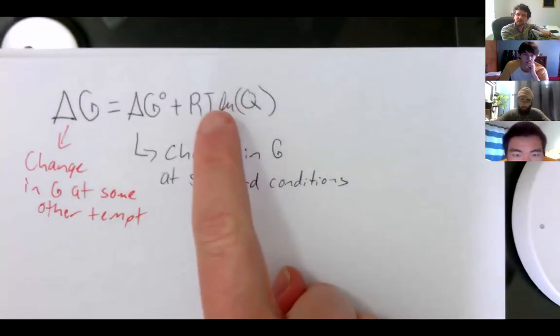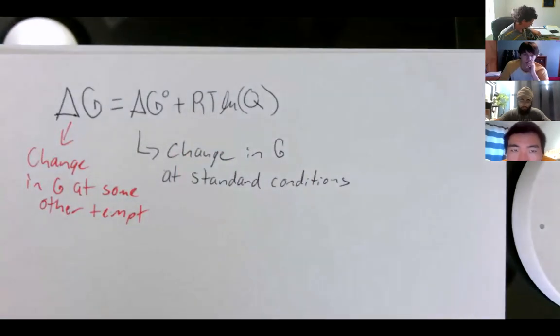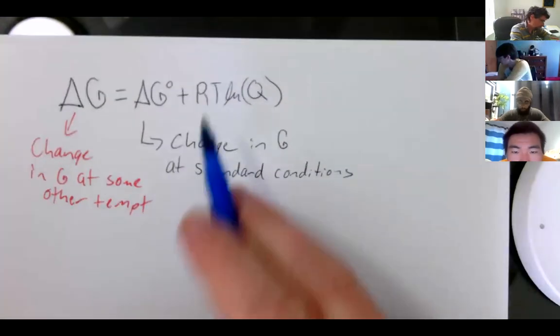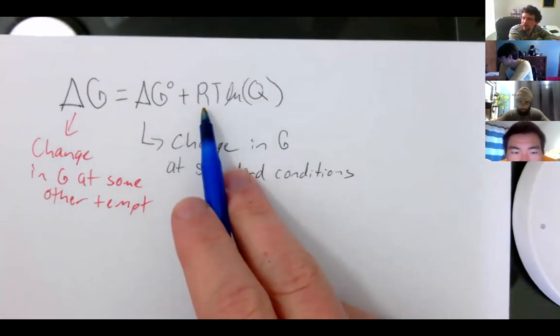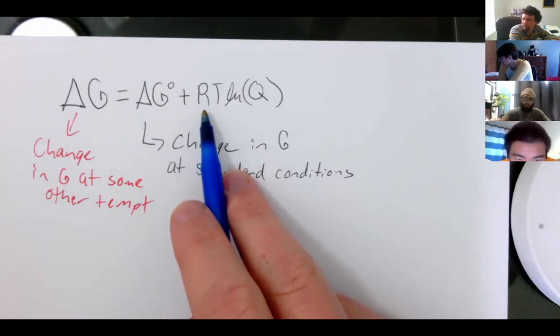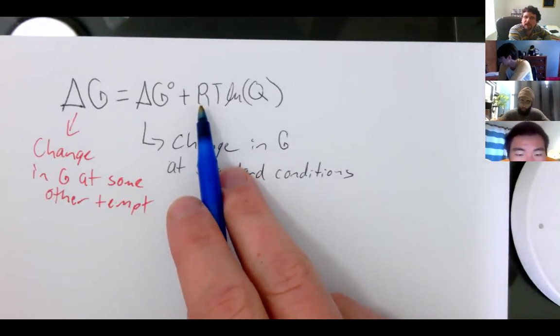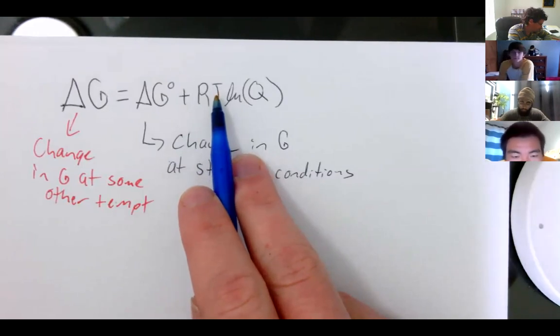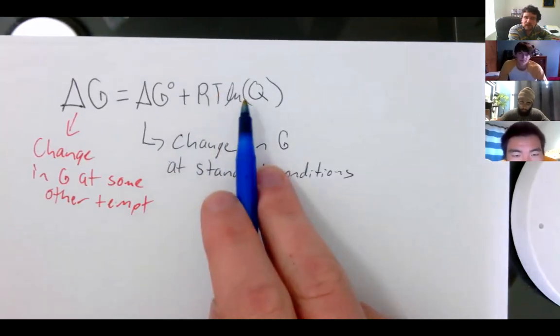And what's R again? The ideal gas constant. T is temperature. And this Q, what's that?